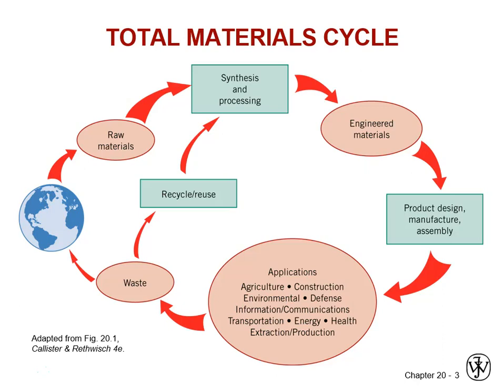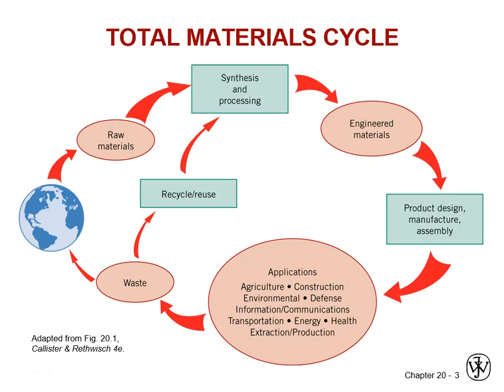We can source things from the agricultural sector. We will use those to make engineered materials. We will design products, manufacture, assemble them. Those will go into applications throughout society, agricultural, construction, environment, etc.